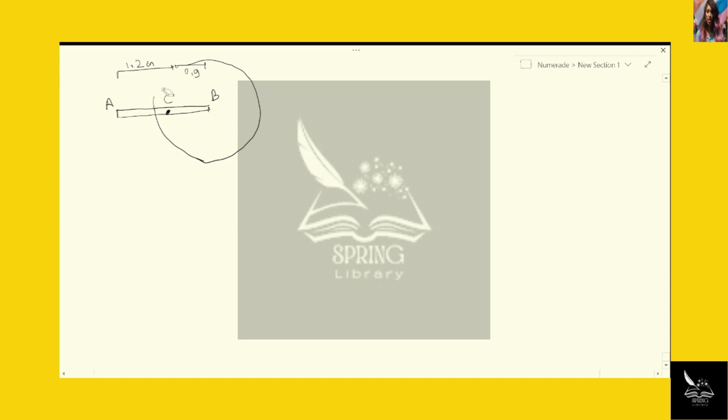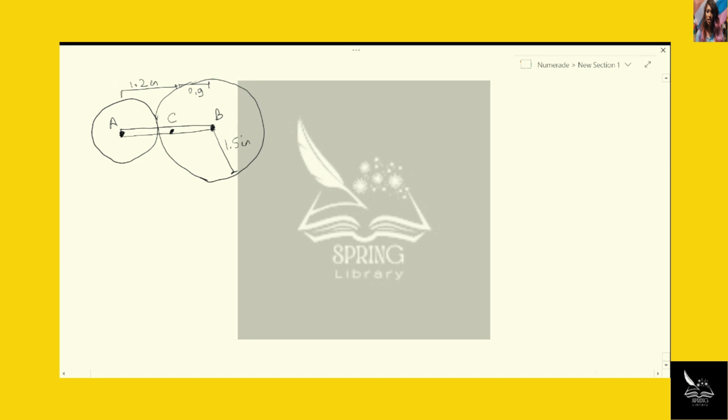Okay, and then around point A we have a circle. So they are hinged at points A and B. The radius of the circle at point B is 1.5 inches, and the radius of the circle at point A is 0.6 inches.